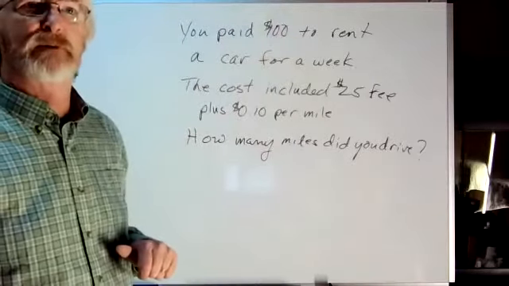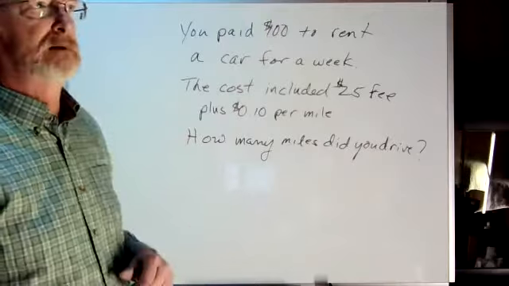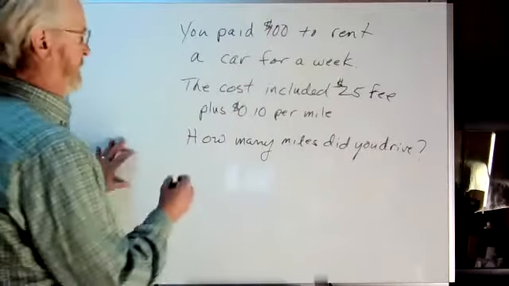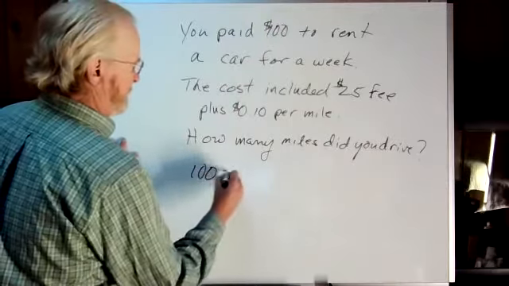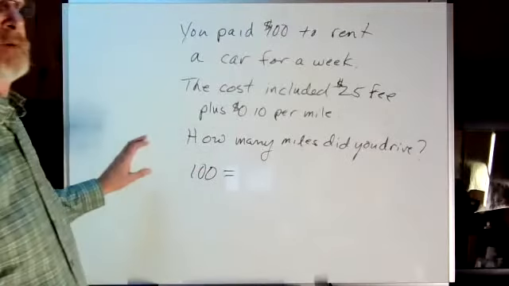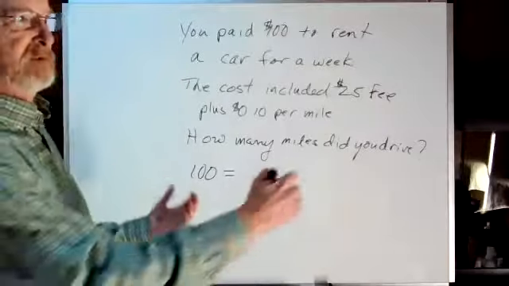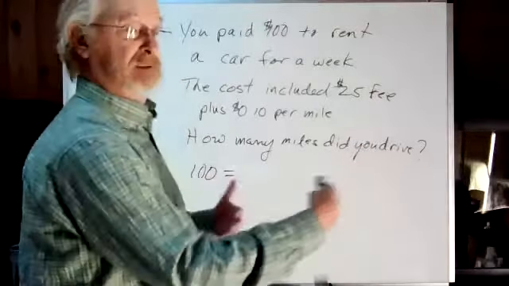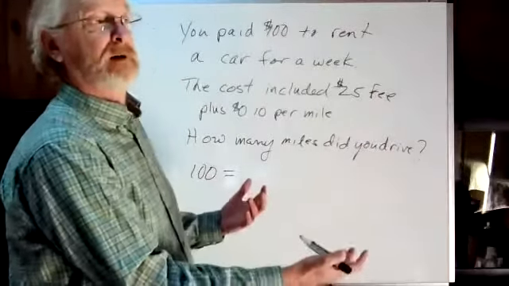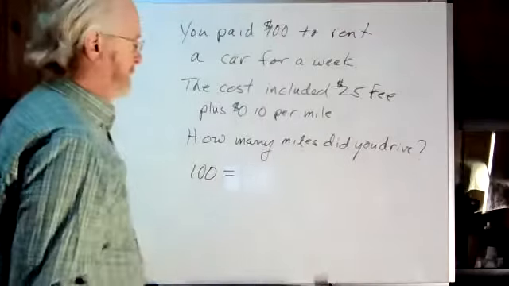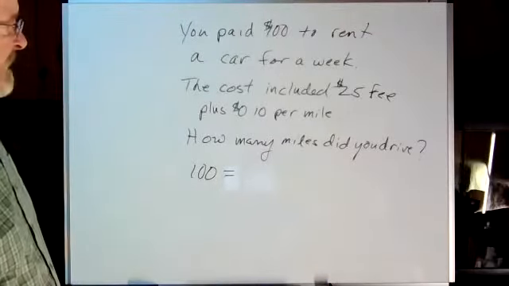That's the number that you want to put alone on one side, like $100 is the result of this other stuff. This other stuff really represents the relationship, and I could use it over and over and over, depending on how many miles. Well, what is that relationship?